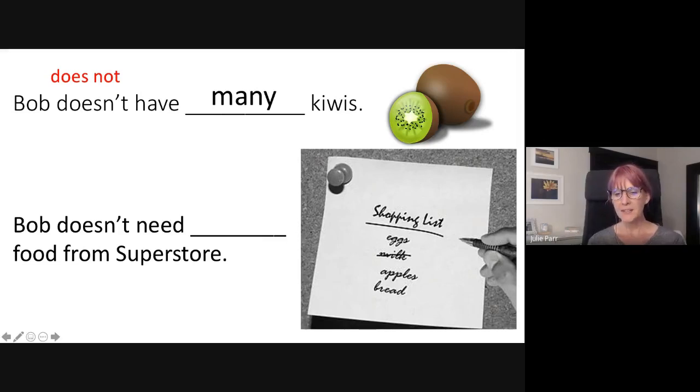Bob has a shopping list. He wants eggs. He doesn't need milk. Okay? He needs eggs, apples, and bread. Bob doesn't need food from superstore.